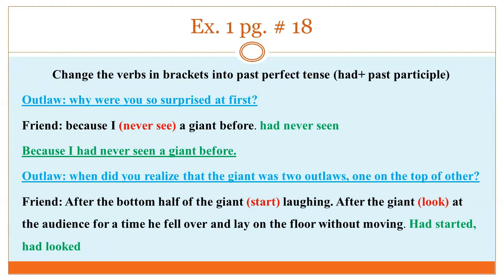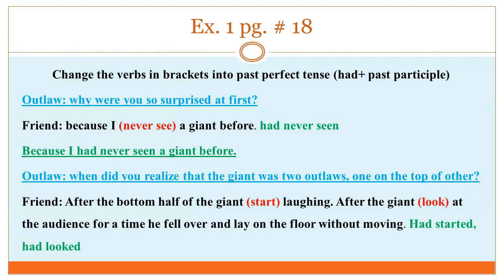What do we have to do? Find the words in brackets. Never see. These words, never see. We have to change these verbs into past perfect tense. And how do we change this into past perfect tense? We put the auxiliary verb had after the subject I, because I had.